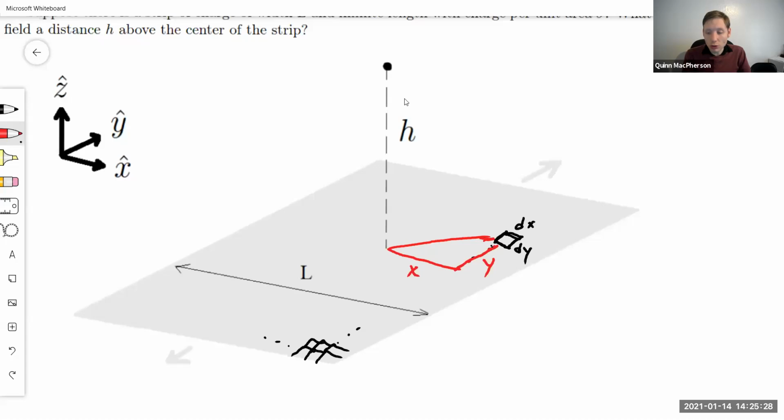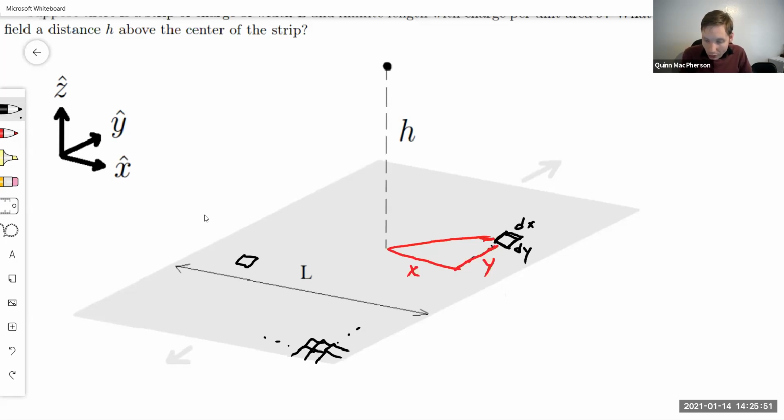Before we get into a bunch of math, it helps to take a step back, look at the problem, and say, can we use symmetry to simplify this problem? And the answer is yes. We can see that the field due to this little chunk over here and the field due to a symmetric chunk over here would cancel out.